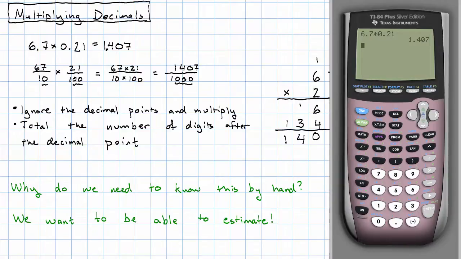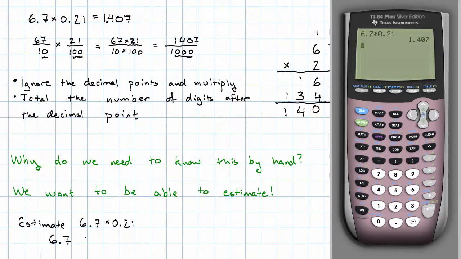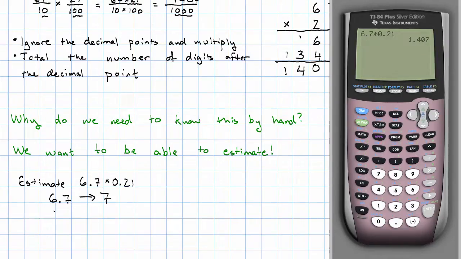So how would we estimate this multiplication problem? Well, we would round each number to have one non-zero digit, so we would round 6.7. Well, that's about 7. 0.21. Well, that's about 0.2.